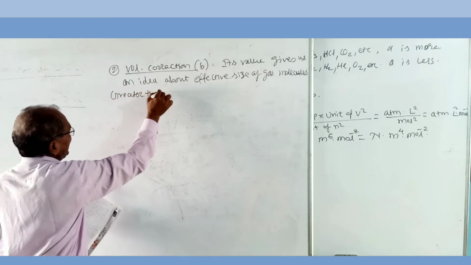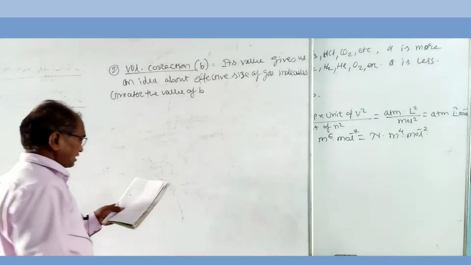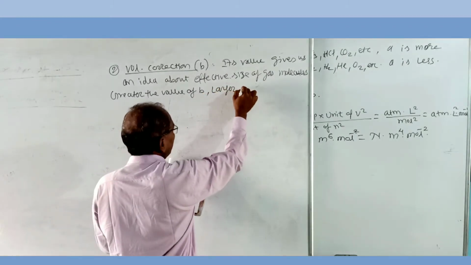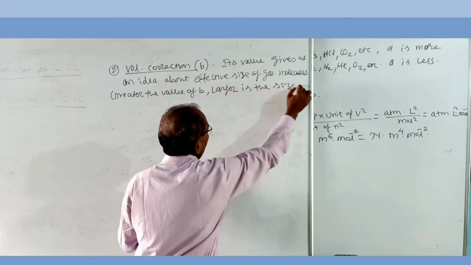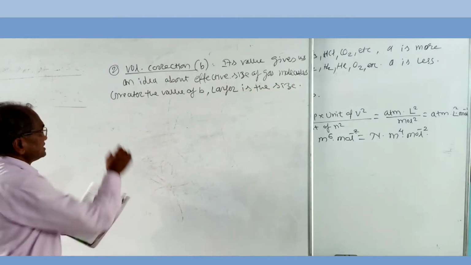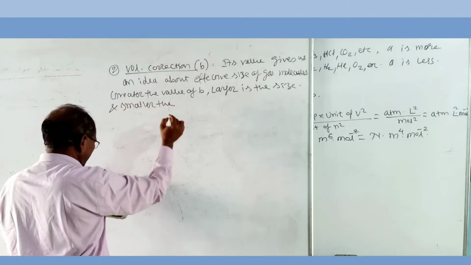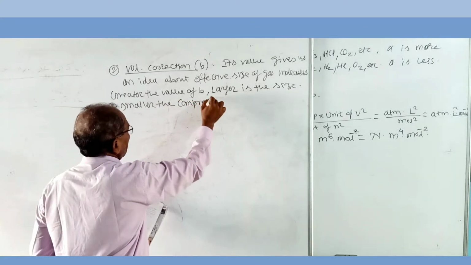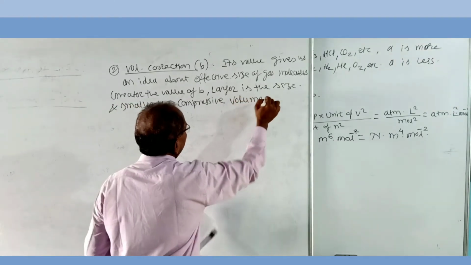The greater the value of b, the larger is the size and the smaller the compressible volume.